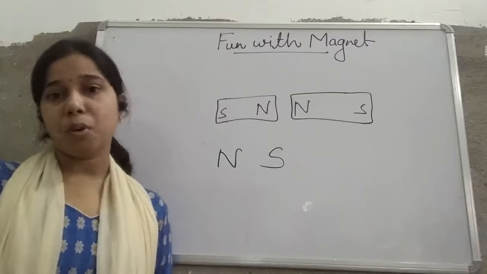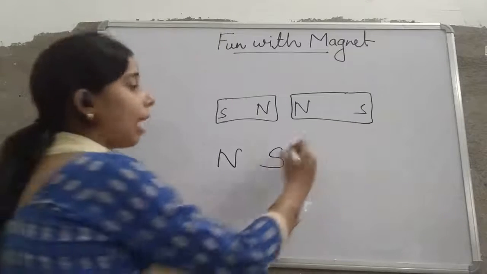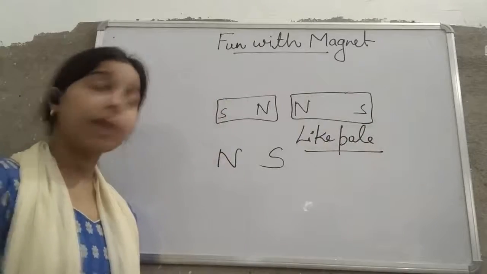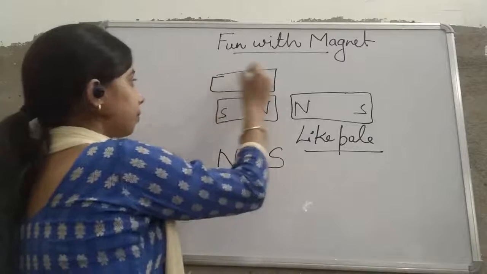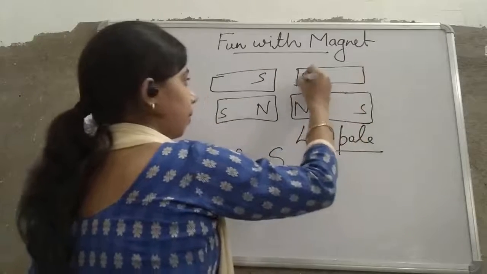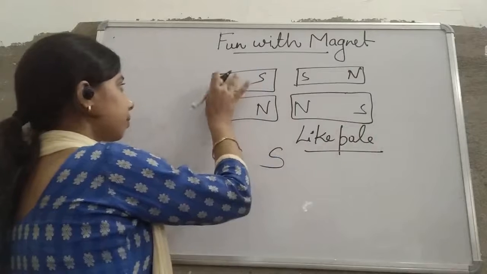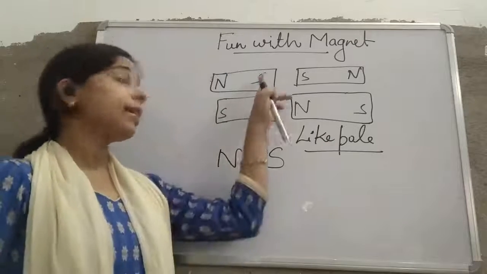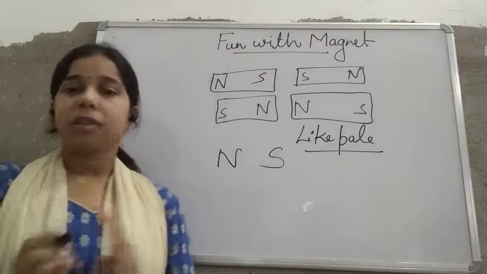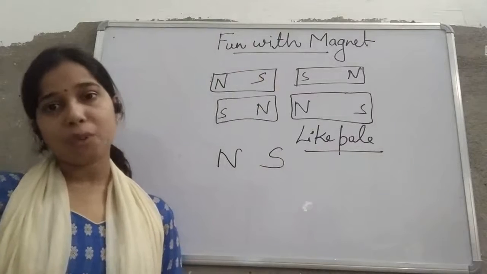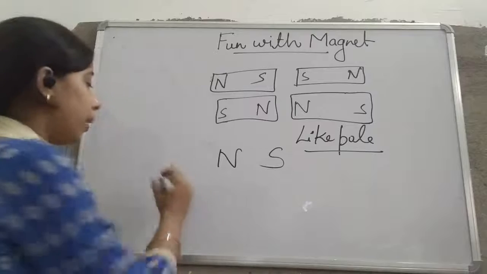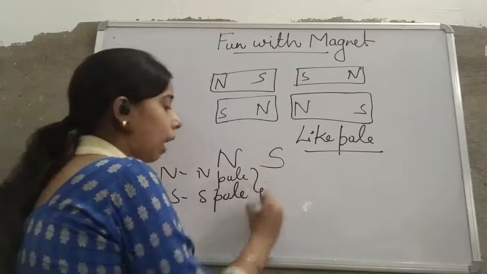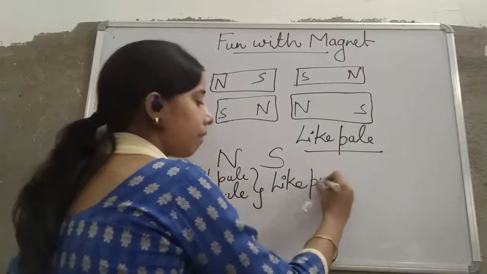Such poles we call like poles. Similarly, here the South Pole and South Pole are close to each other, and we call them like poles. Why like poles?